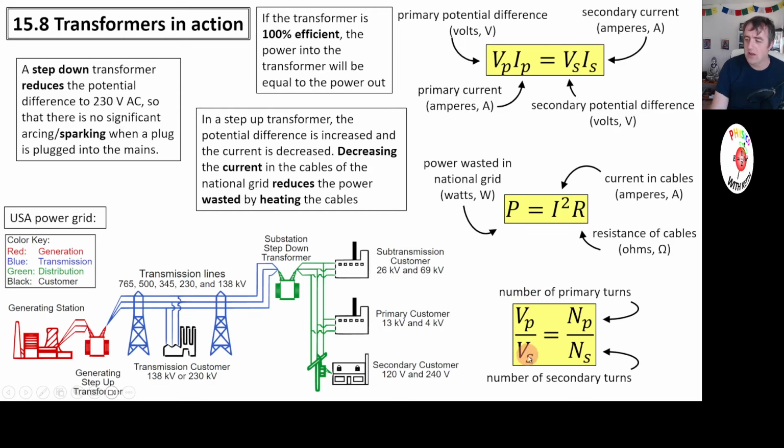Why do we use a step-up transformer at this stage in generation? Because, as we said before, we want to reduce the current in the transmission lines. And we do that by increasing the potential difference. Why is that?